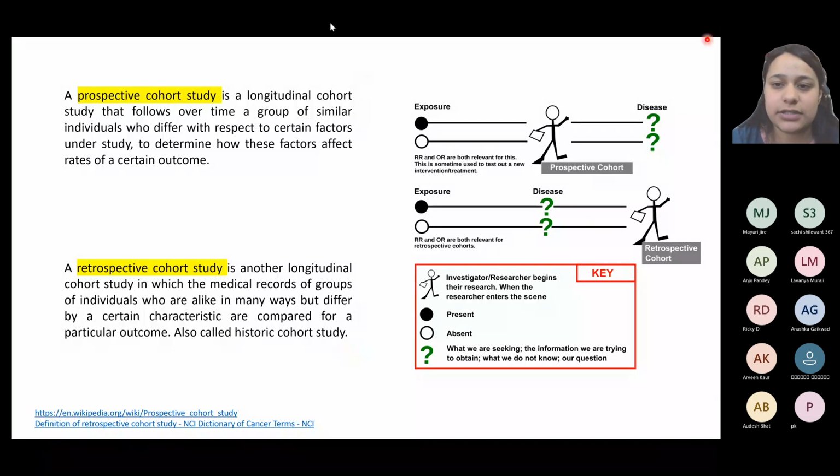So this is an illustration that I took from Wikipedia, which says the first one is a prospective cohort study, which says that there was already exposure, right? These are a similar group of individuals who were under similar exposure or similar conditions, and then we chose these particular individuals and started studying them.